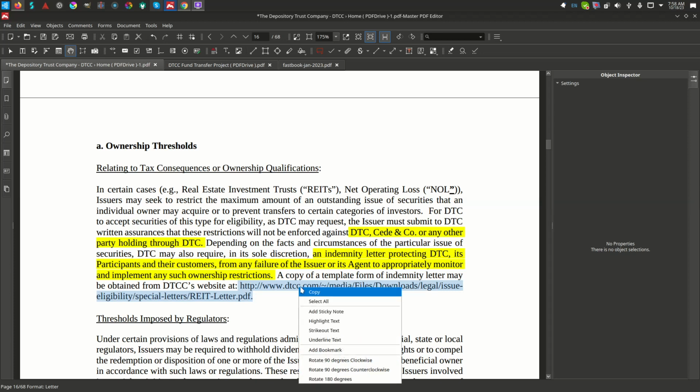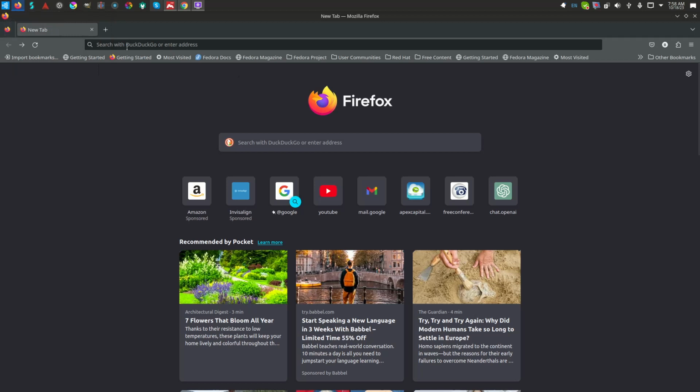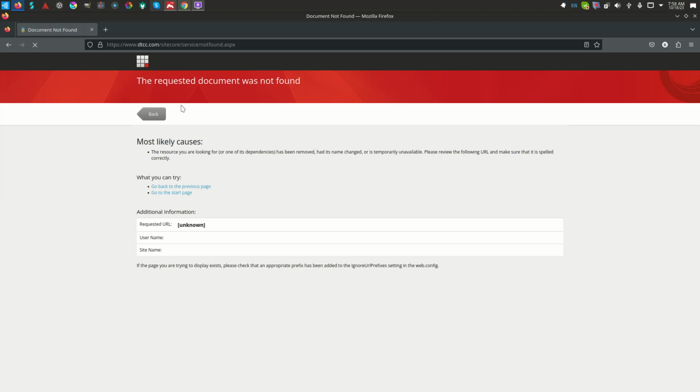I'm going to copy this, and we're going to try to find the document that's in question. The requested document was not found.